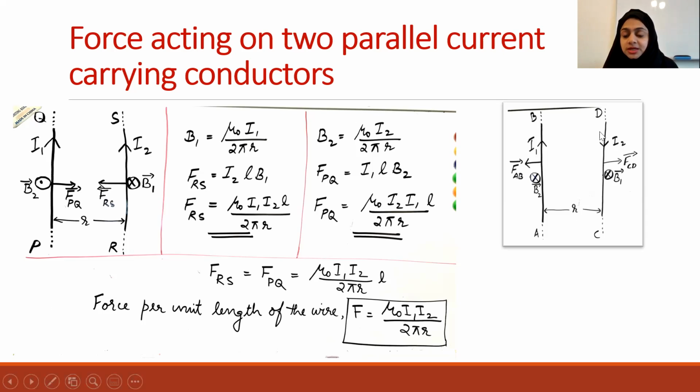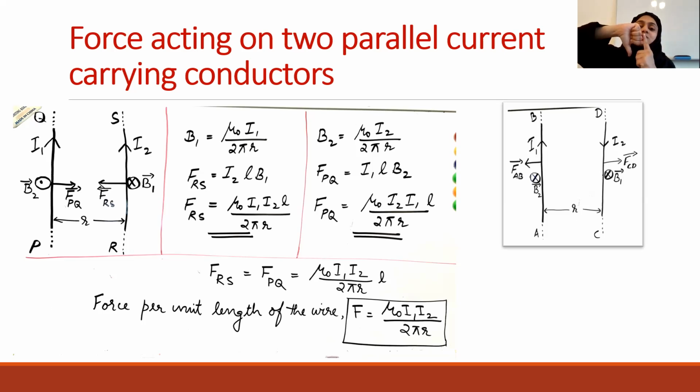Now let us consider the magnetic field produced by CD. Again I have to use my right hand. This time current is pointing down. So let me put my thumb down and my fingers curl in this direction.